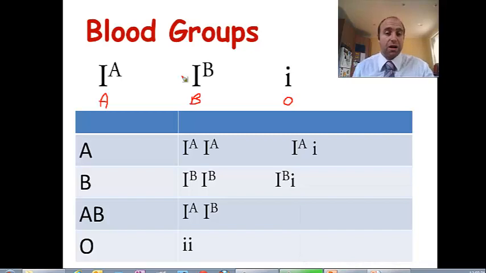So we have a couple of layers of things. Multiple alleles because there's three alleles, but we have codominance between A and B, and these are both dominant over the recessive O allele.